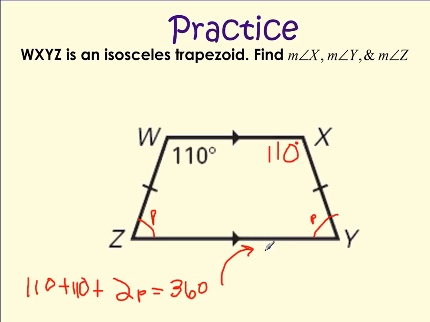So if we simplify this, we can say that this is 220 plus 2p is going to be equal to 360.